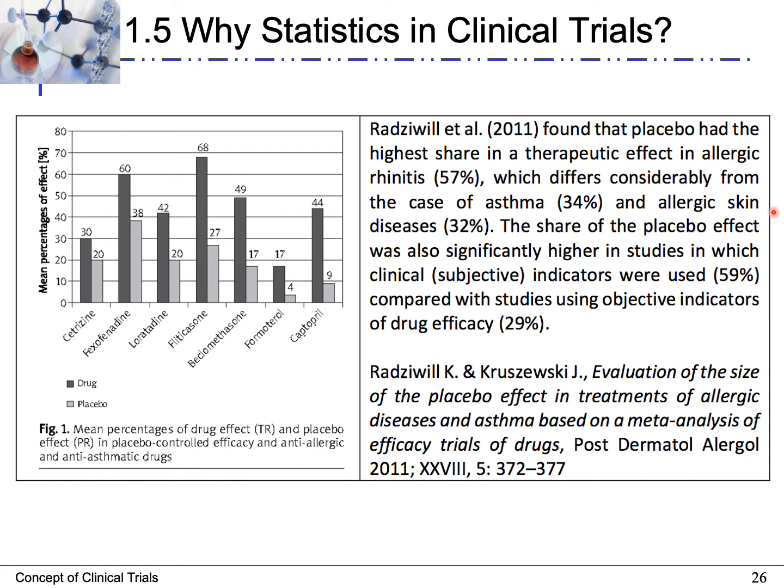They also observed that the placebo effect was significantly higher in studies in which the clinical outcome or measure is subjective, compared to when it's an objective indicator and an objective endpoint, which relates to some of the elements I shared before on the robustness of the endpoint.